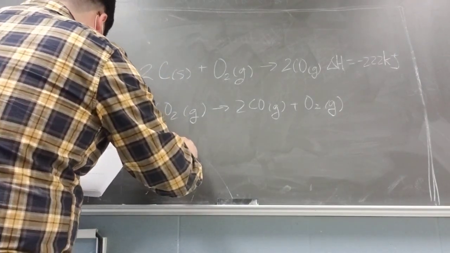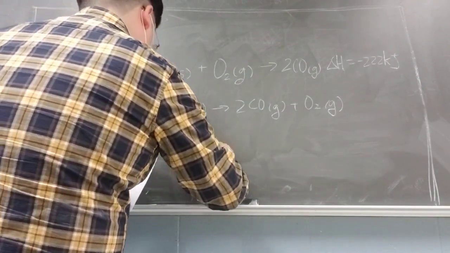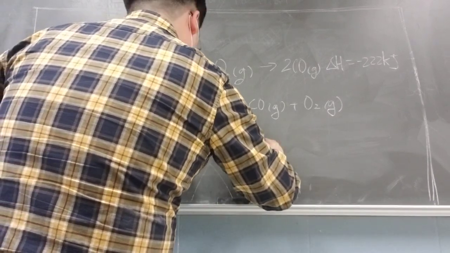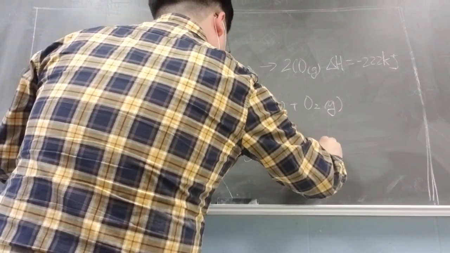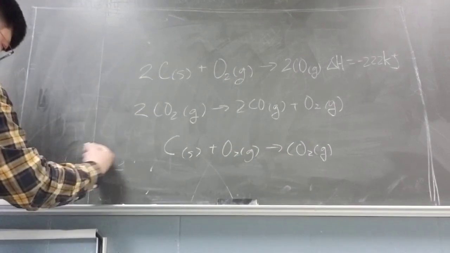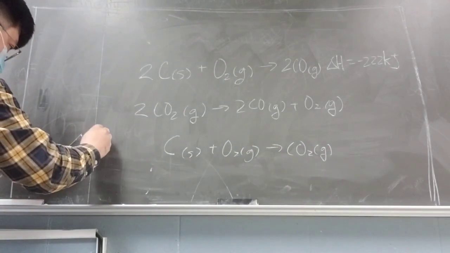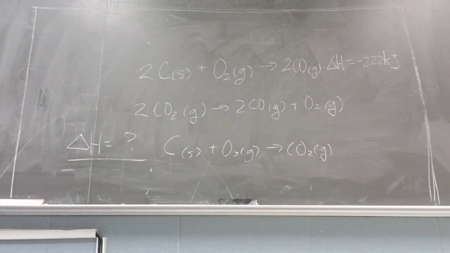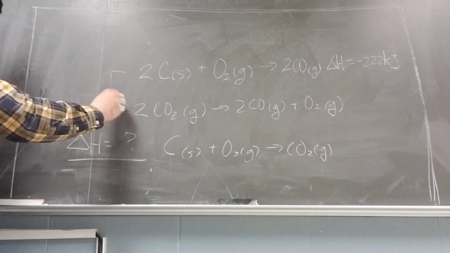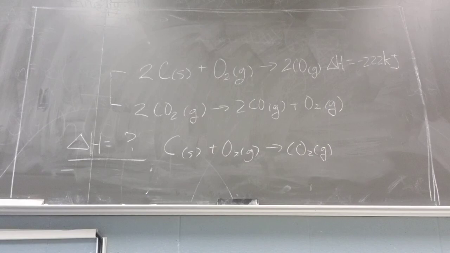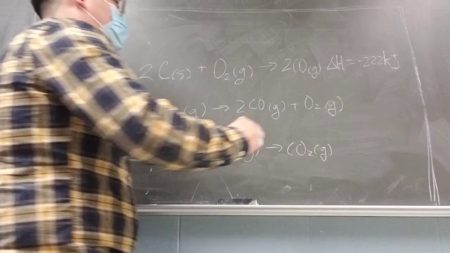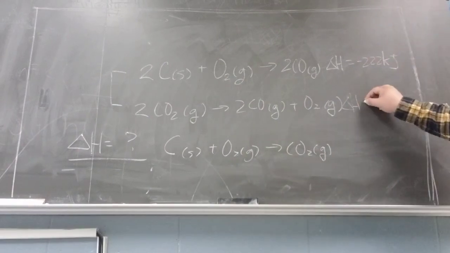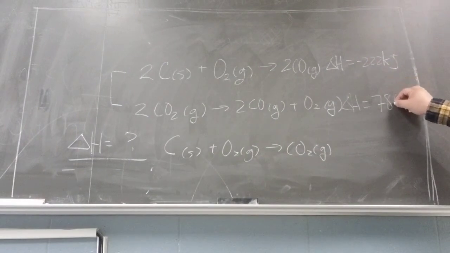Then the final equation is this one. And you just need to find the enthalpy change for the final equation using these two. Okay, I'll give you 3 minutes because you have to do a bit of work. Oh, the second one was 788.